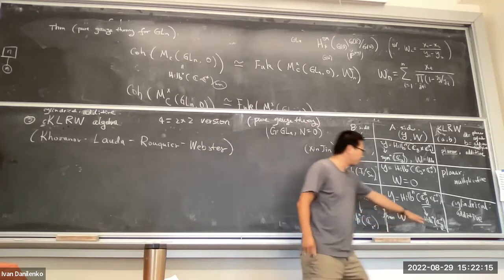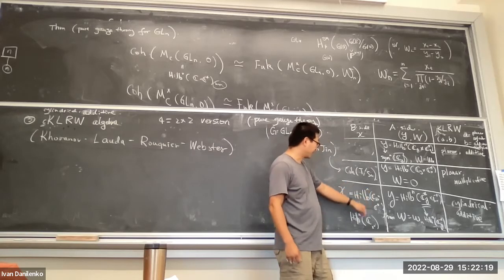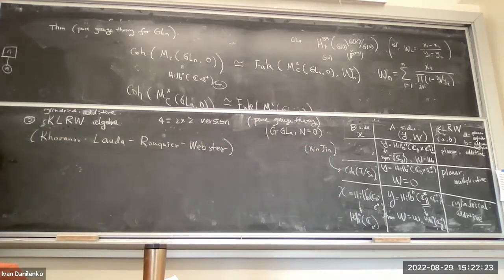The base is a copy of C star, and here the fiber is a copy of C star. Anyway, what is this algebra all about?